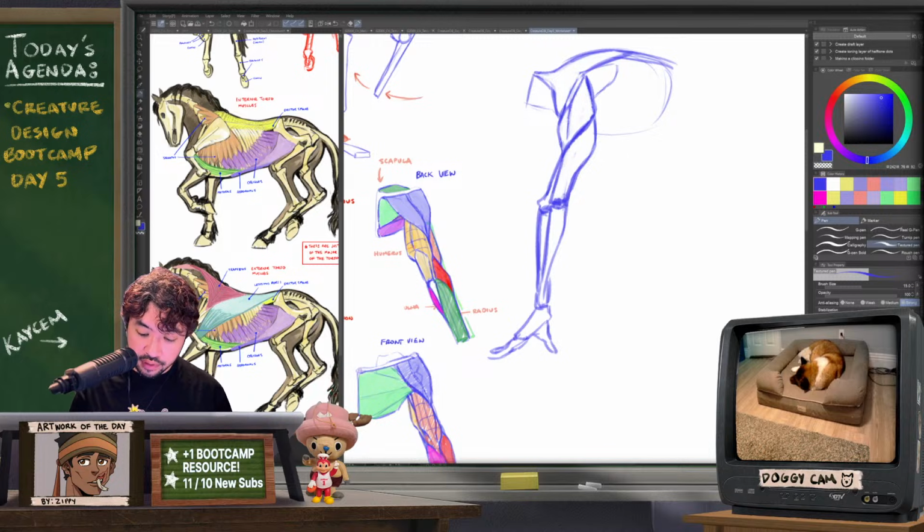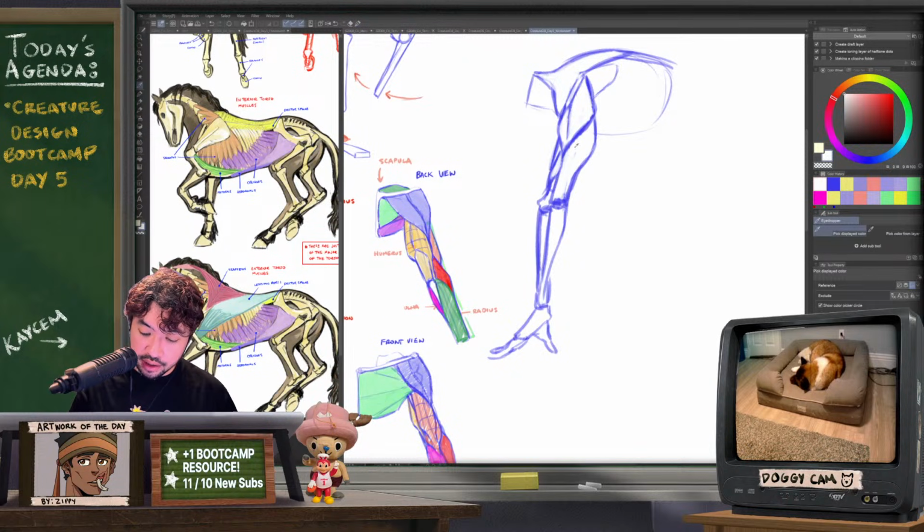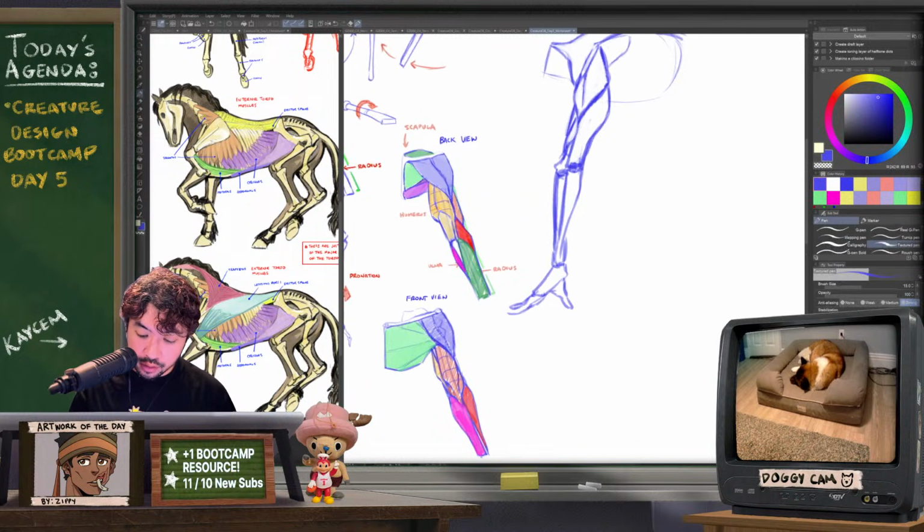Then what we'll have is maybe a little bit of the bicep, but we'll also have the brachialis kind of peeking through there. So bicep, brachialis, and then last but not least, we're going to have those ridge muscles, which are going to wrap around.